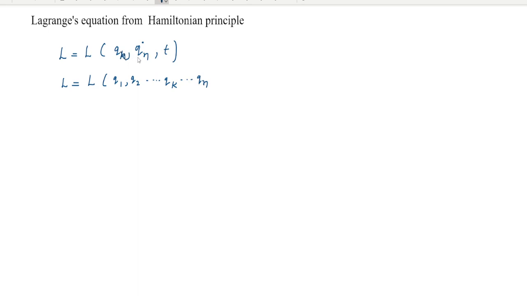Sorry, here we need to write n. q1 dot, q2 dot, and so on, qk dot, and so on, qn dot, comma t. If the Lagrangian does not depend on the time explicitly, then this Lagrangian may be written in a different form.